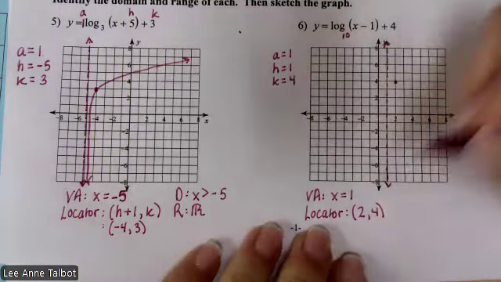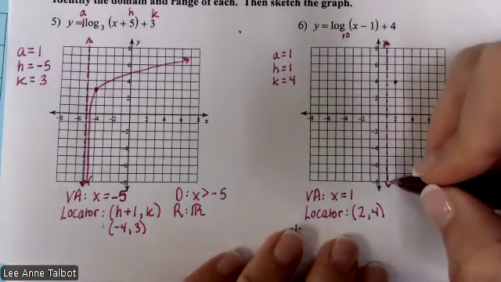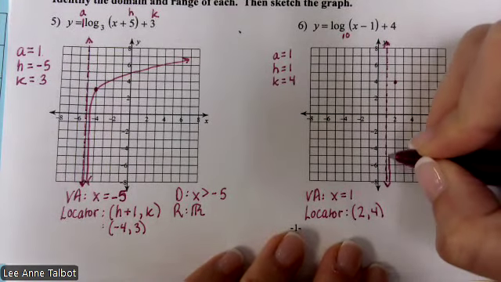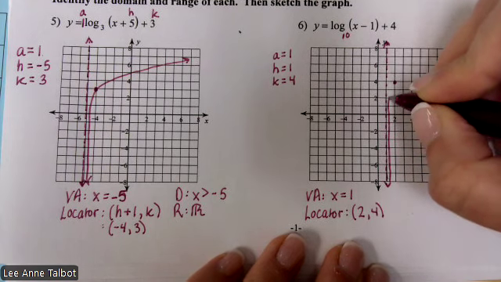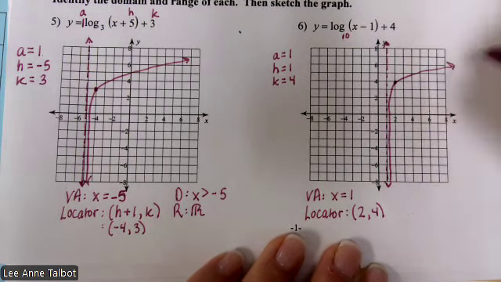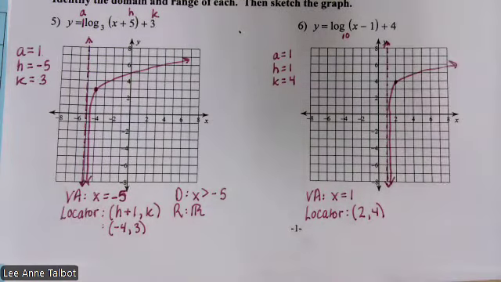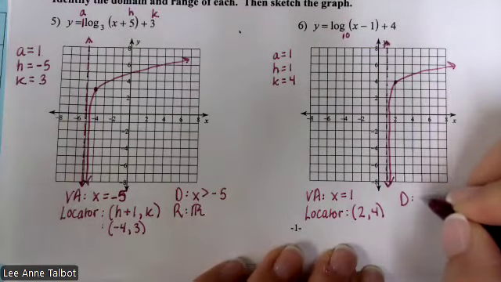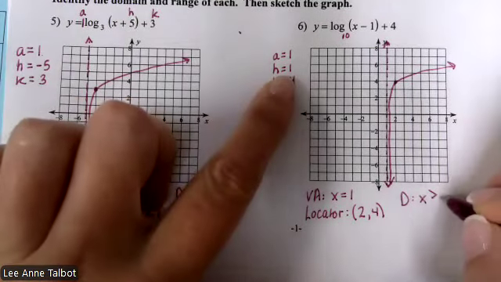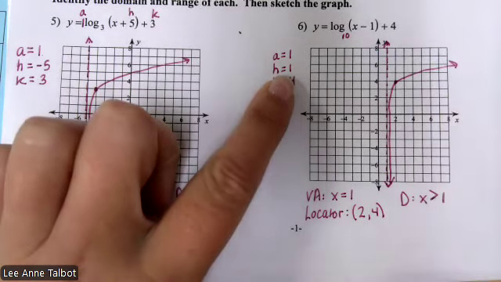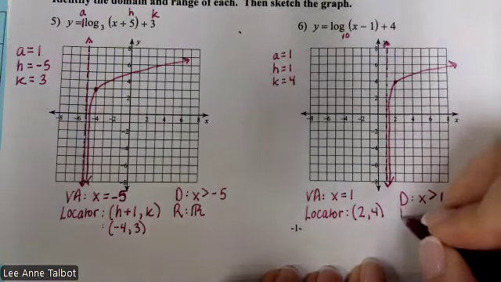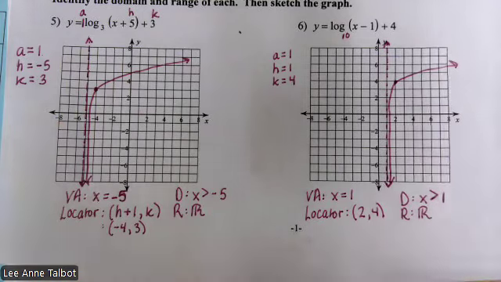Positive A value, which almost all of them are going to be. Come up from the bottom. Curve off. Domain X is greater than H. Range, all real numbers.